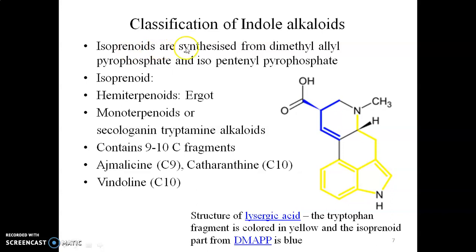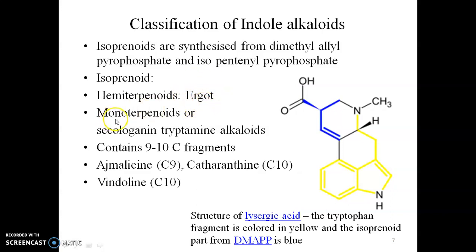So isoprenoids, they are synthesized from dimethylallyl pyrophosphate and isopentenyl pyrophosphate. So this we have studied in the first unit also. The isoprenoids, you have example hemiterpenoids. These hemiterpenoids, the example is ergot.